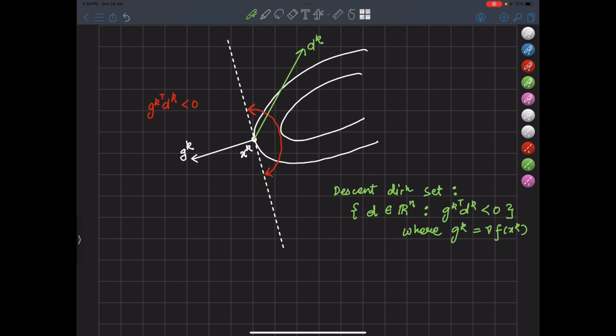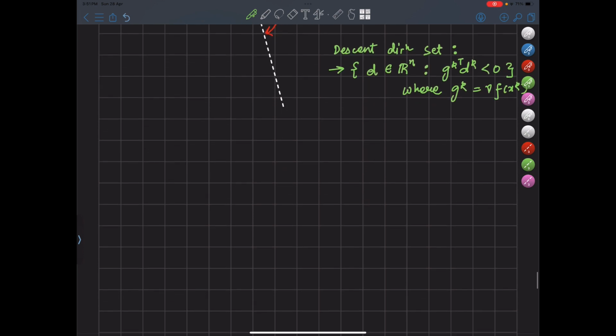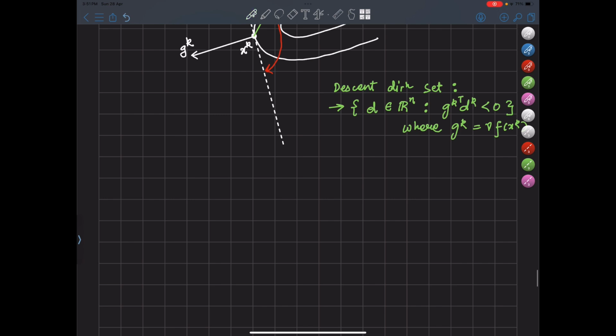Now how can we choose a descent direction? Out of the so many descent directions which belong to this set, which should we choose? How should we go about choosing our descent direction? So let's look at that. The topic is descent direction.